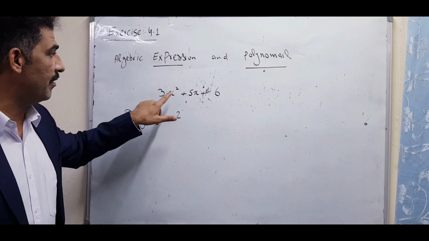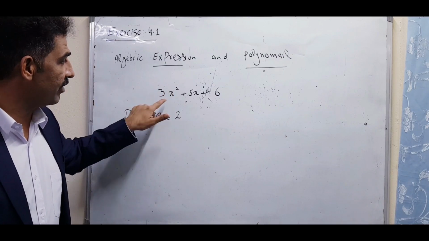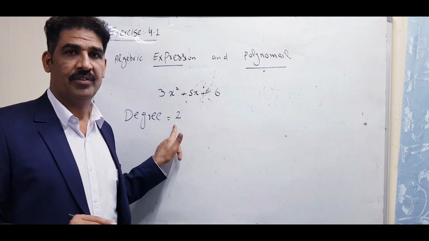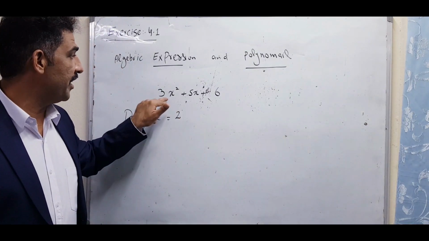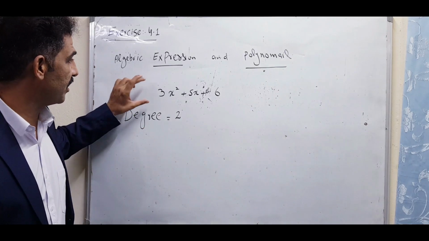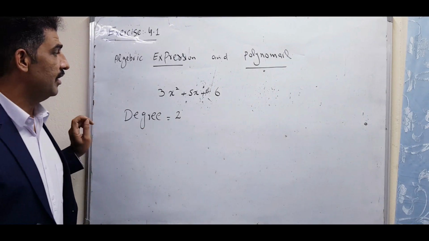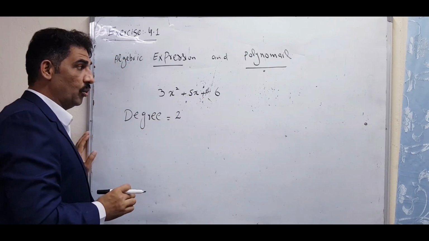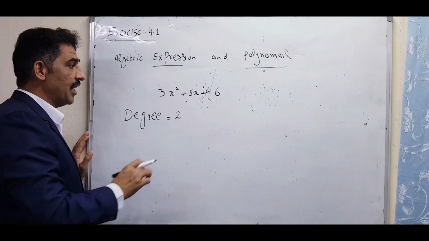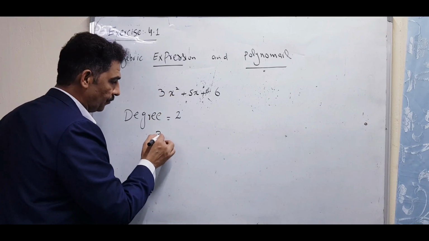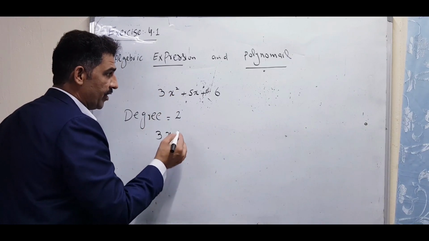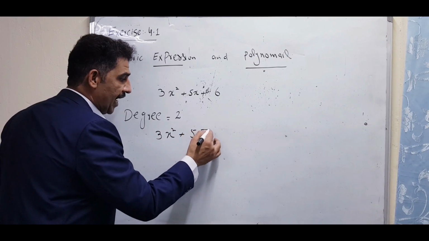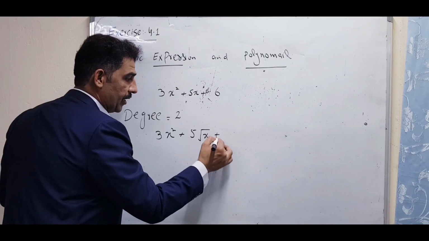The maximum power is 2, and all the variables have powers that are positive integers. No variable has a negative power, so this type of algebraic expression is called a polynomial of degree 2. When it is not a polynomial, it is in a form like 3x square plus 5 root x plus 6.